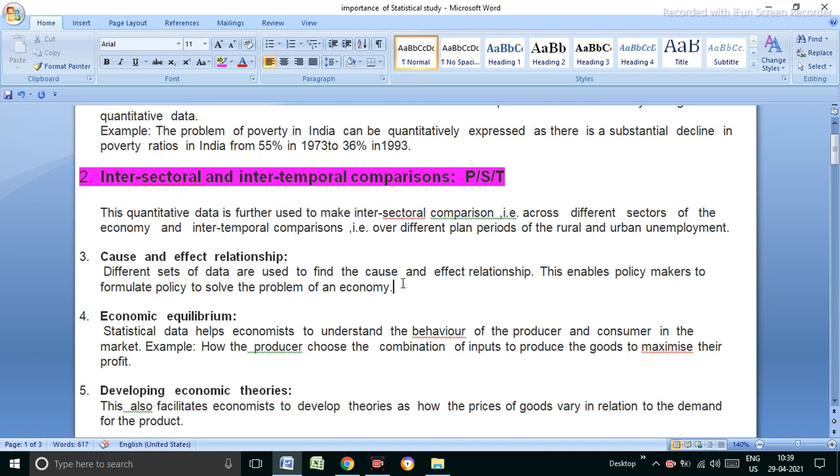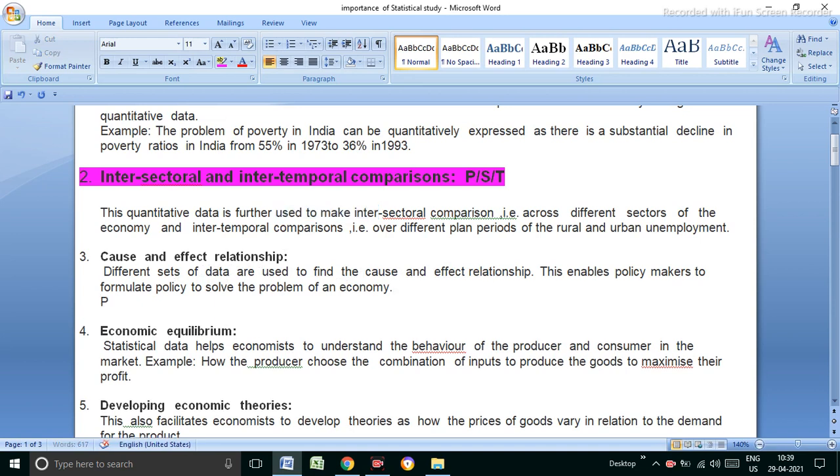In economics, we know very well the relationship between demand and price.